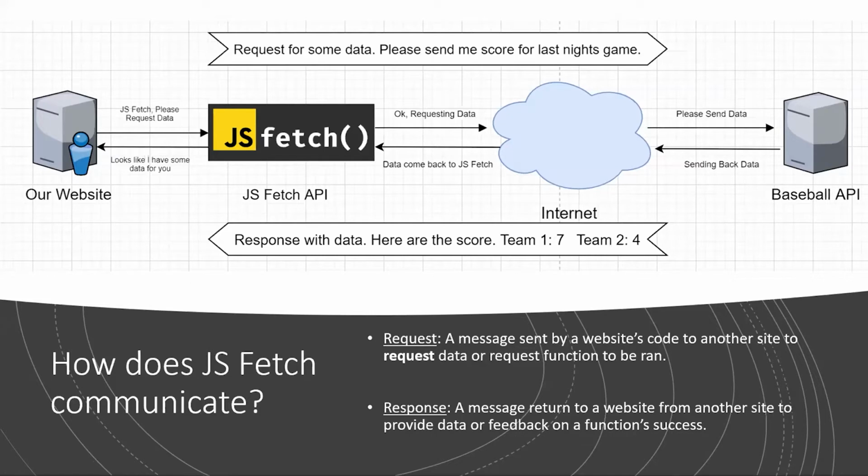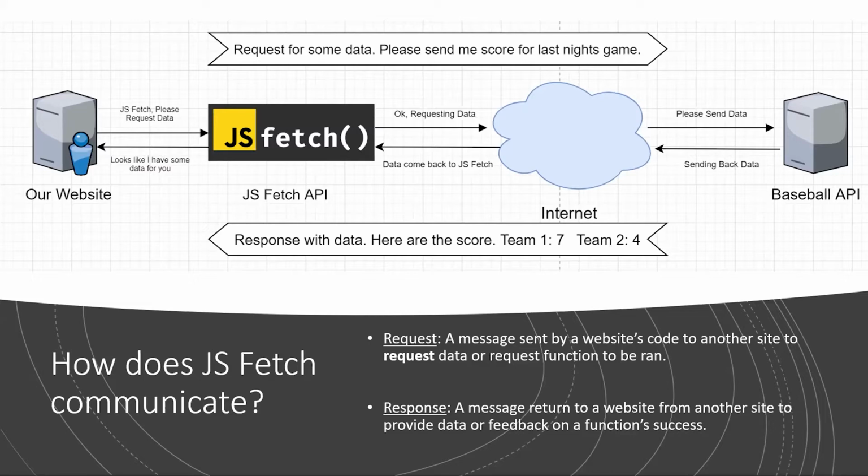Simple enough, it is as it sounds. A request is your code, your JavaScript code, your client application, saying, hey, I want something from you, the API, or from some API. And here's what I need, and here's some metadata about what I need.